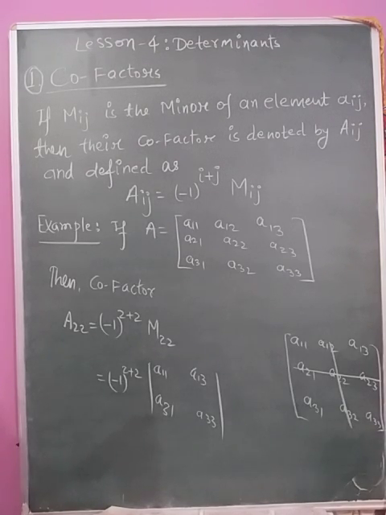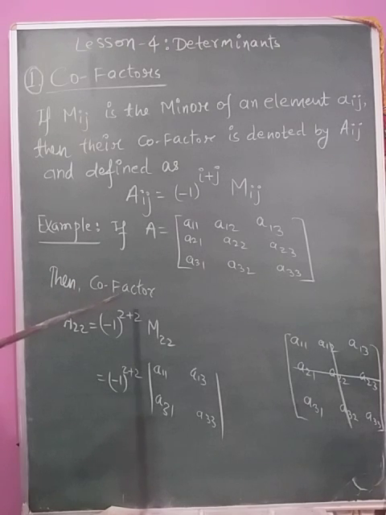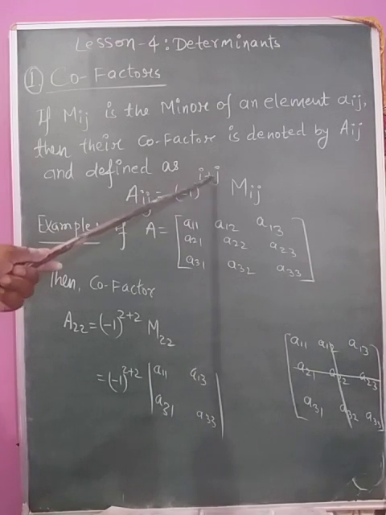Now second example, if A is a 3 into 3 matrix, then elements A11, A12, A13, A21, A22 and A23, A31, A32 and A33. Then cofactor A22, by the definition capital Aij is equal to minus 1 to power i plus j capital Mij.